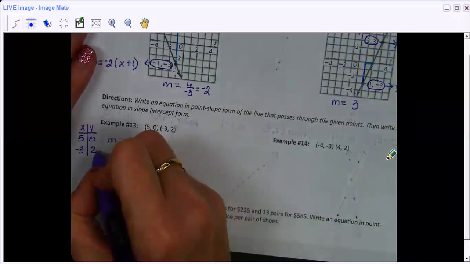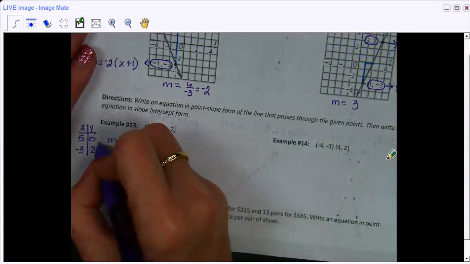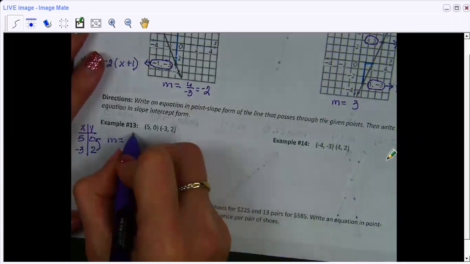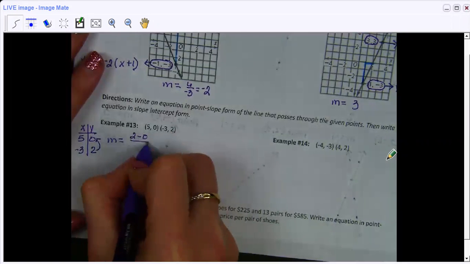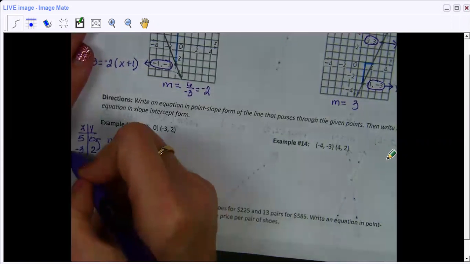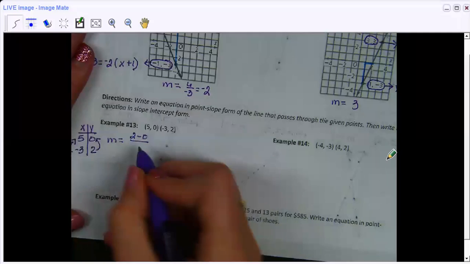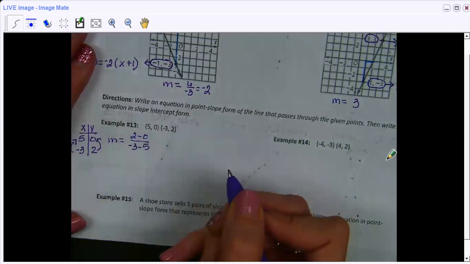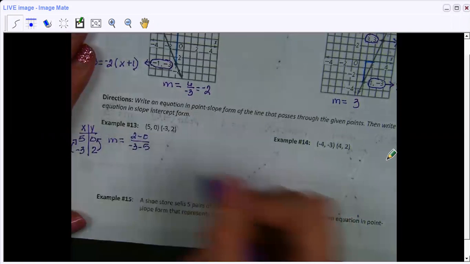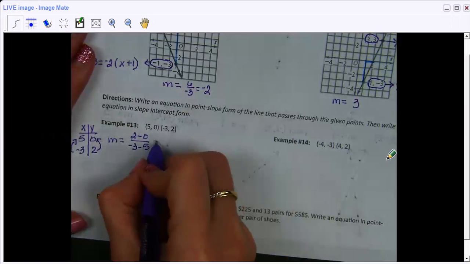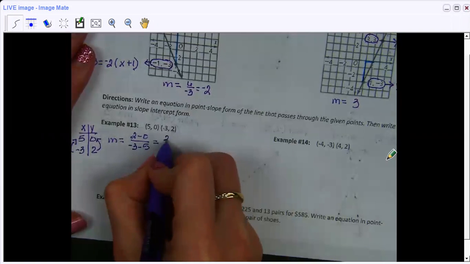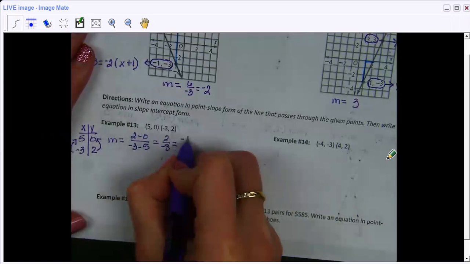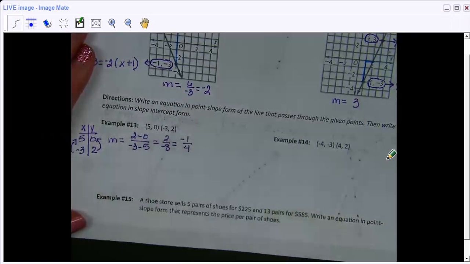My formula is y2 minus y1, so I have 2 minus 0, and then x2 minus x1, so I have negative 3 minus 5. And then I solve for the slope. So 2 over negative 8, which equals negative 1/4. That's your slope.